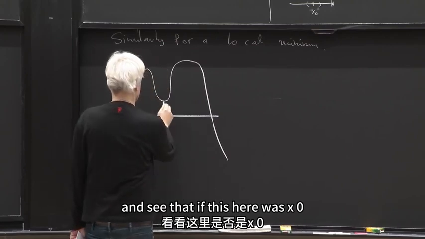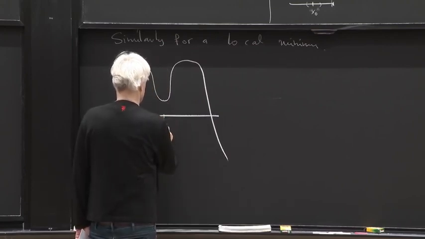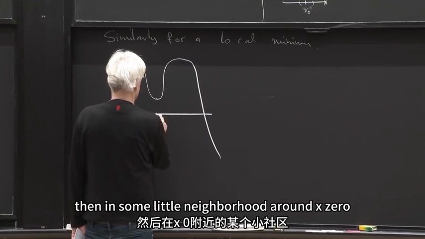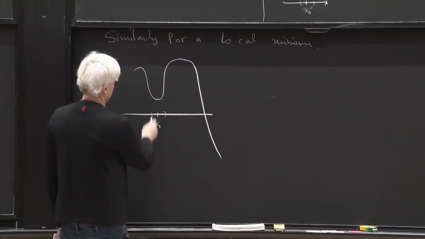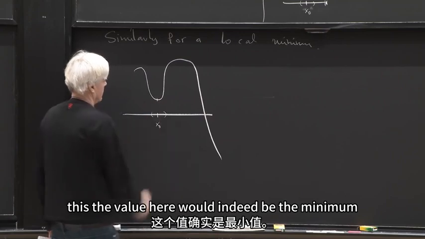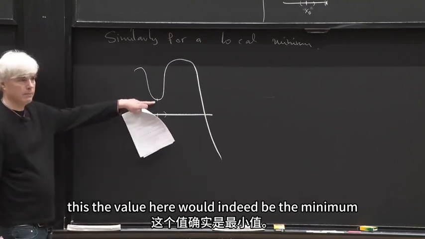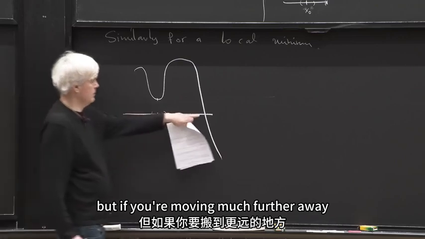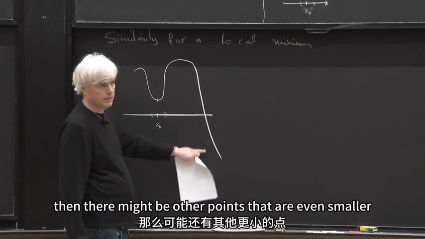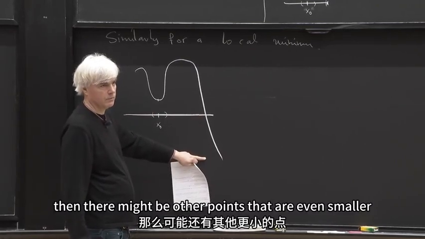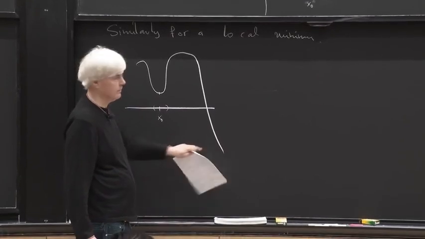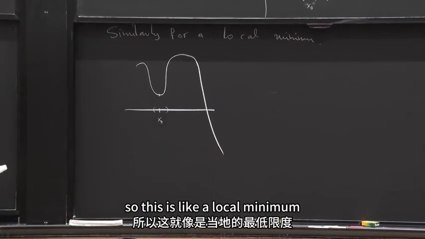And you see that if this here was x0, then in some little neighborhood around x0, the value here would indeed be the minimum, right? But if you're moving much further away, then there might be other points where the value is even smaller. So this is a local minimum.